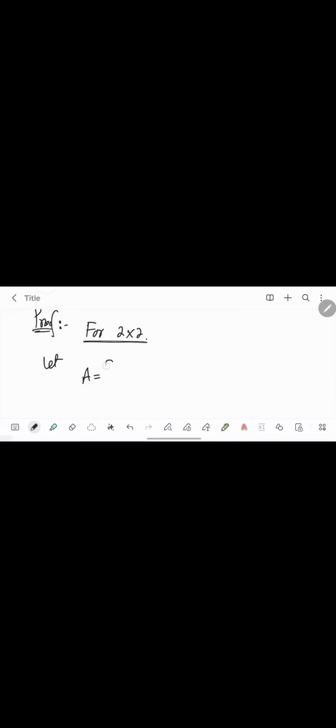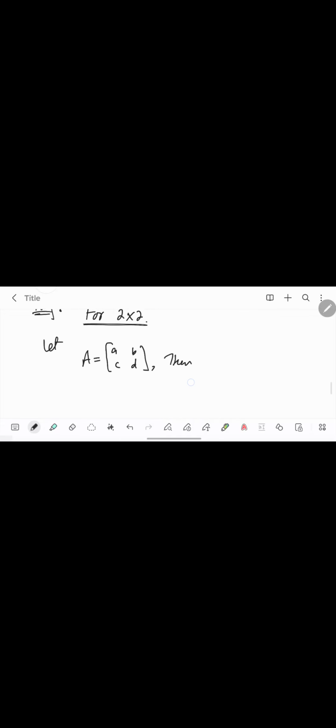Let A be a 2 by 2 matrix, with entries a, b, c, d. If I swap this row with this row, what will happen? Matrix A_S is obtained by swapping the first row with the second row. If I take this row here and this row here, I will get c d and a b.